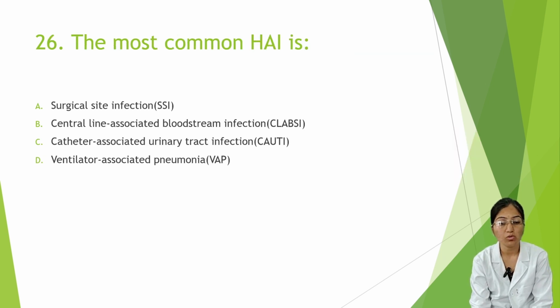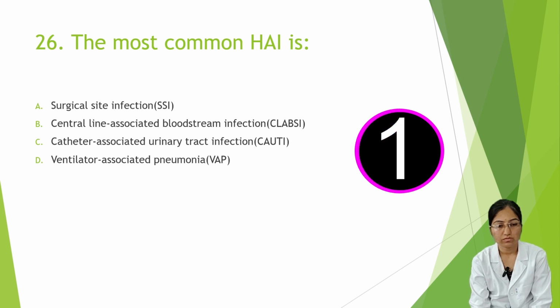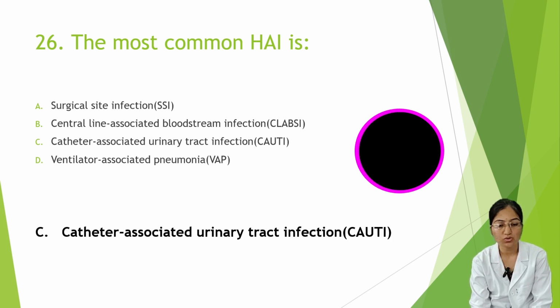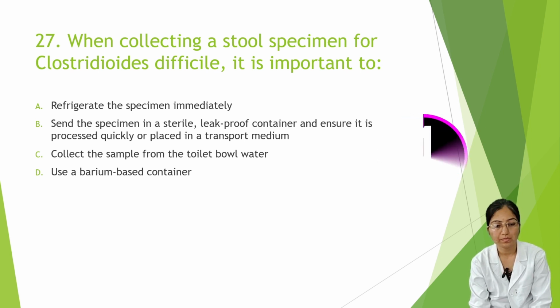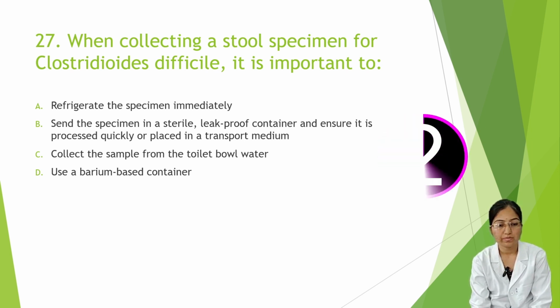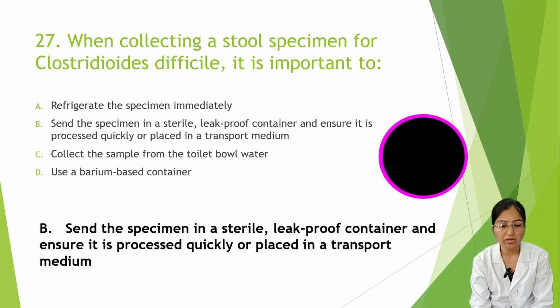Next question. The most common hospital acquired infection. Catheter associated urinary tract infections. When collecting a stool specimen for Clostridioides difficile, it is important to send the specimen in a sterile, leak-proof container and ensure it is processed quickly or placed in a transport medium.